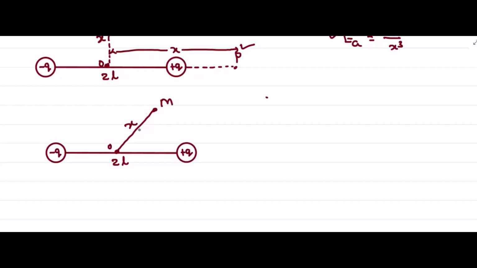Before we start trying to find the electric field over here, first let us look at the dipole moment. If you remember, the dipole moment is denoted by the symbol P and is given by P is equal to the charge Q times the distance between the charges. So in this case, it will be Q into 2L, because we have taken the distance between the charges as 2L.